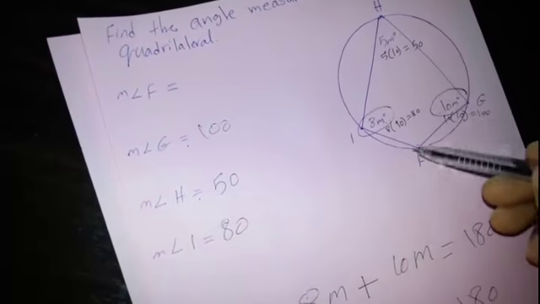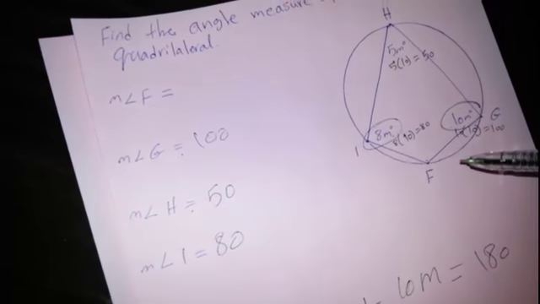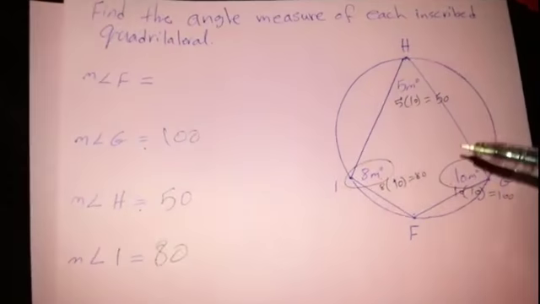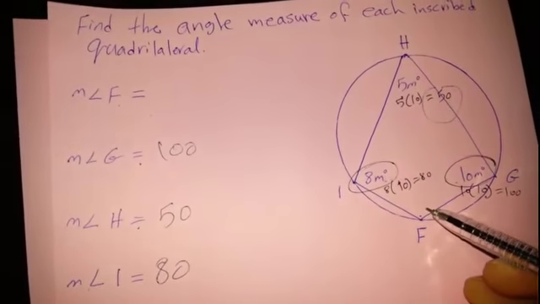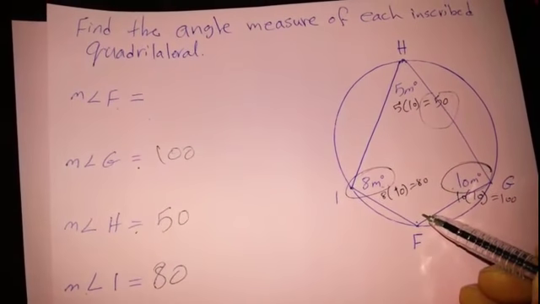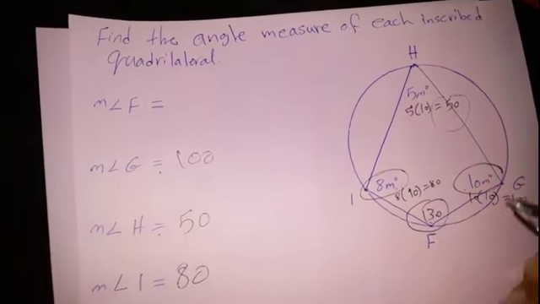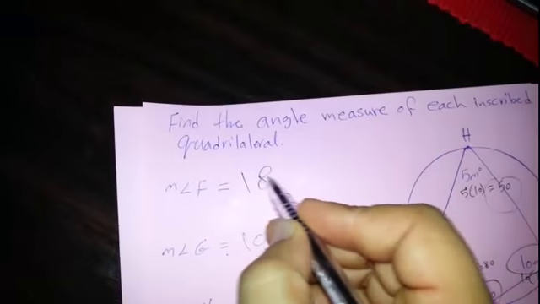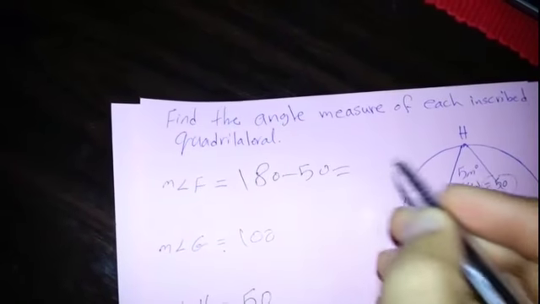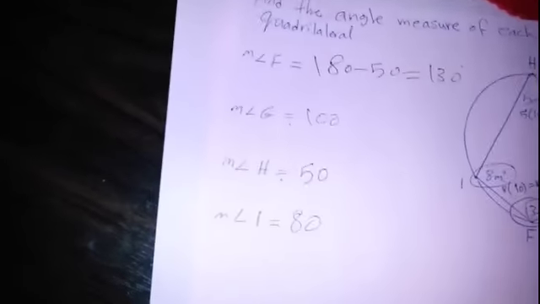So these two angles are supplementary. The sum is 180. So this is 50 and this one will be the rest of 180, which is 130. Or I do it like this: 180 minus 50 equals 130. The same.